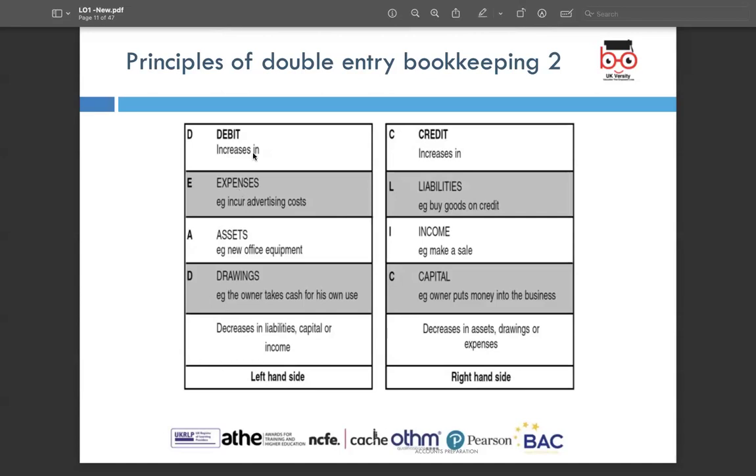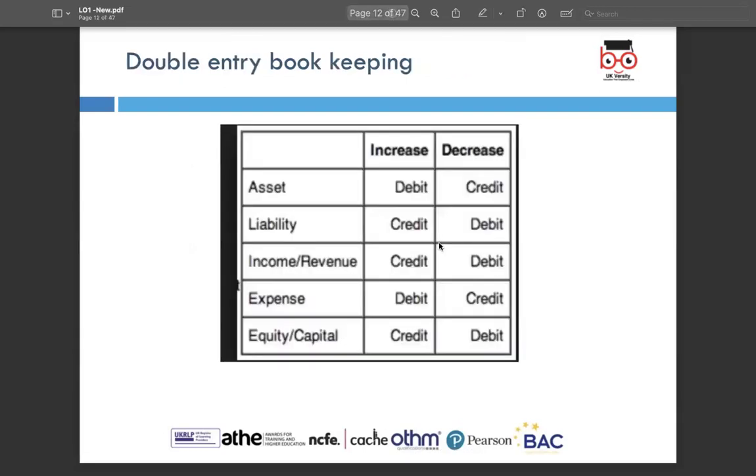As you can see here, debit and credit. Debit: expenses, assets or drawings, and credit: liabilities, income, and capital. So assets increase with debit and decrease with credit.